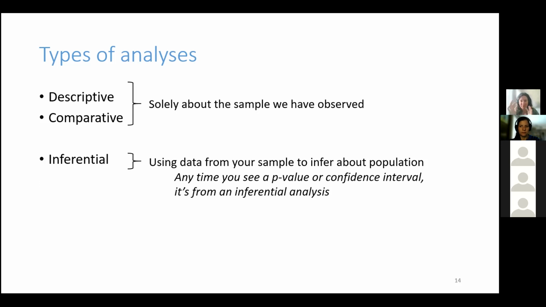We'll talk more about this in the next half hour, but as a quick way to tell what's what: anytime you see a p-value or a confidence interval, that's an inferential analysis. Anything to do with p-values, confidence intervals, asterisks, levels of significance, that's inference. That's sort of like Cliff's notes on how you might differentiate between when someone is presenting a descriptive versus an inferential statistic.